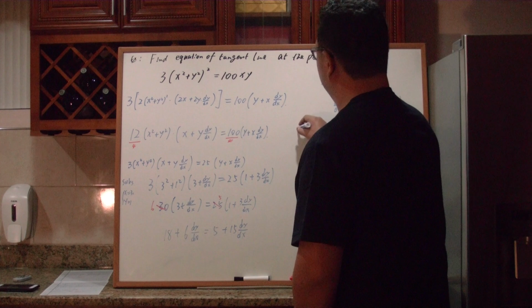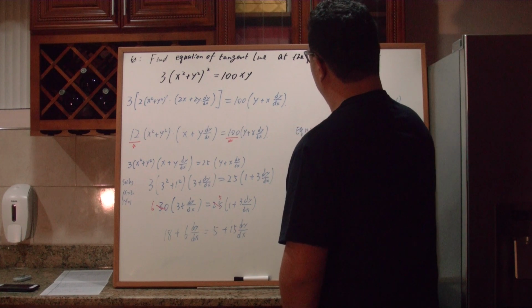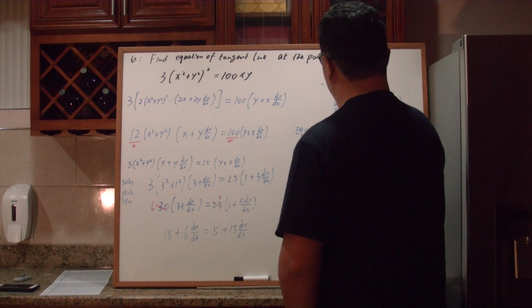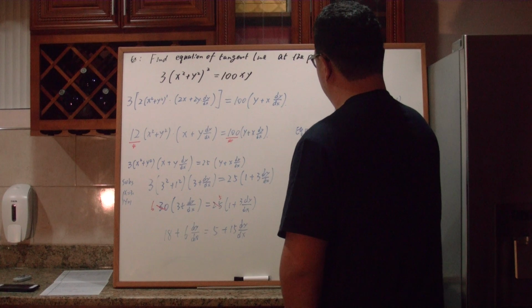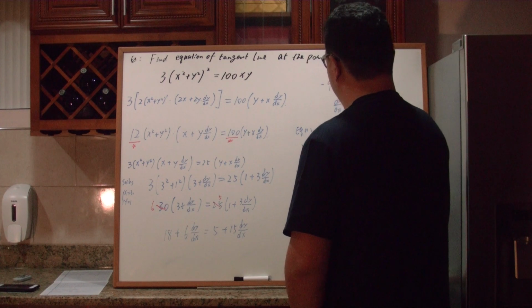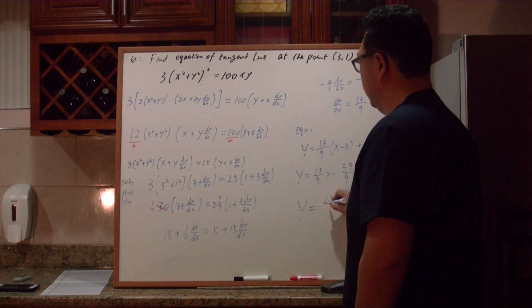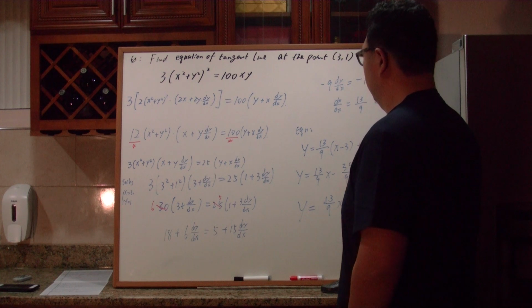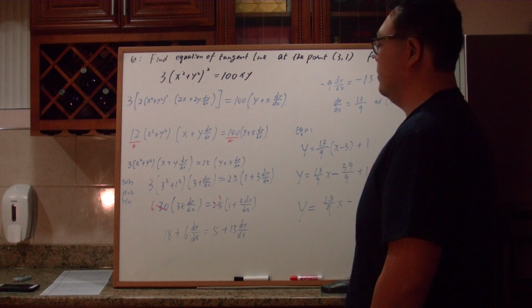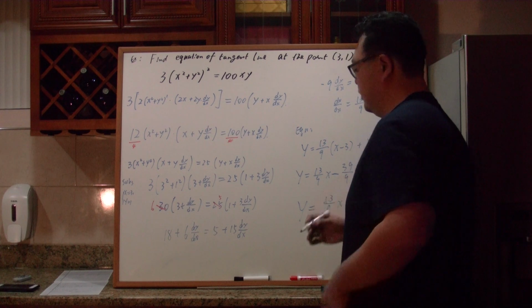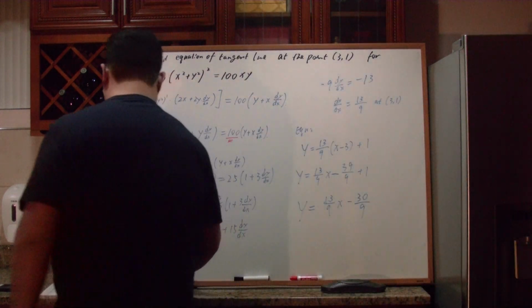Then for the equation, y equals the slope times (x minus x0) plus y0: 13 over 9 times (x minus 3) plus 1, which is 13 over 9 x minus 39 over 9 plus 1, that's just negative 30 over 9. Right, to get the equation, that's what we get.